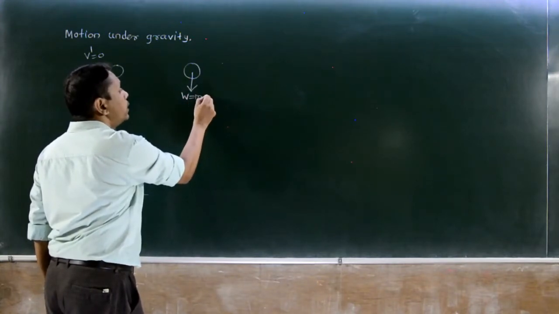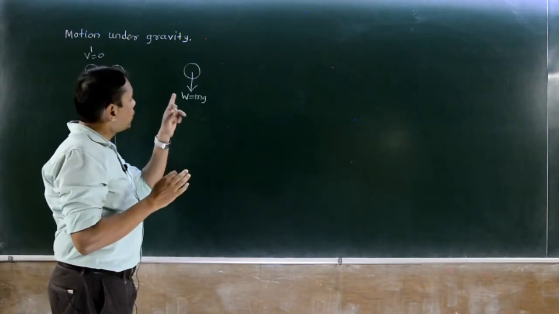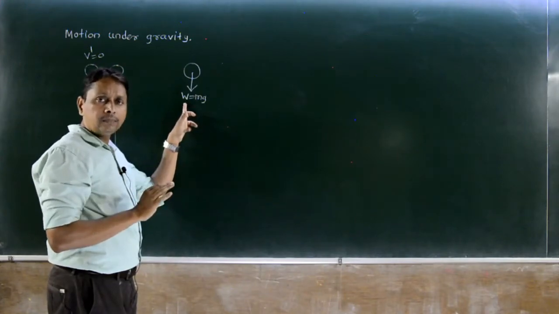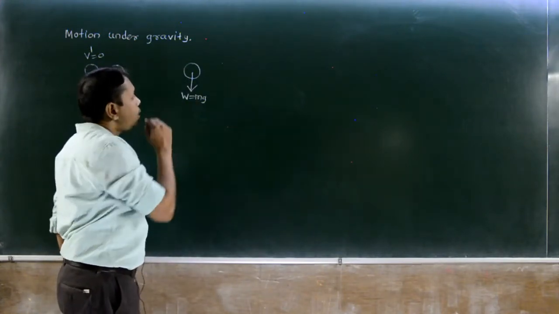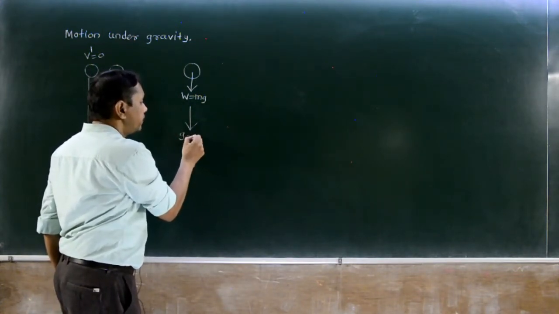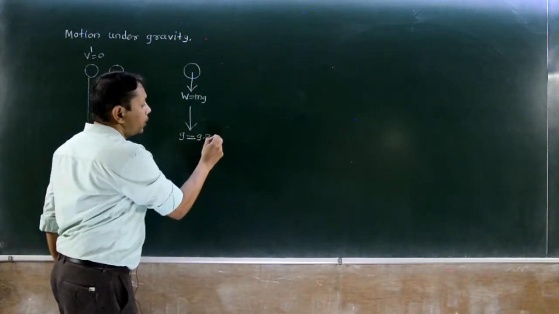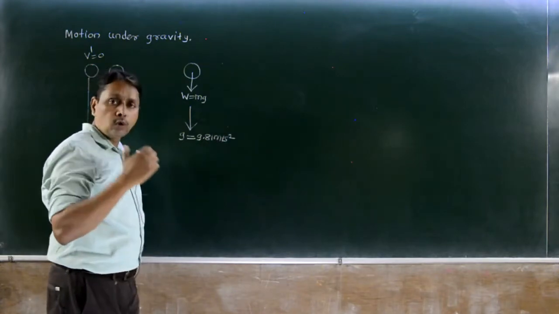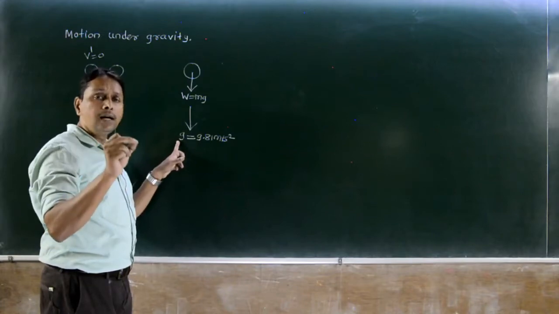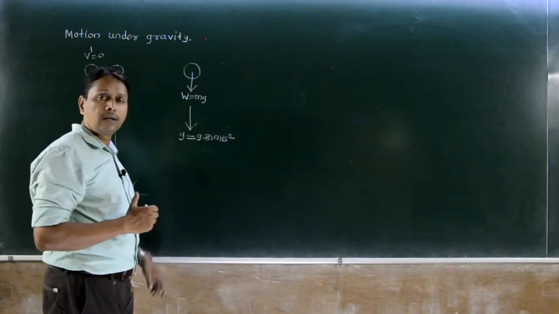When the body goes against gravity means up, and with gravity means down, every time the weight acts vertically downward, due to acceleration due to gravity, whose value is 9.81 meter per second square. When we throw an object in space near Earth's surface, its motion is under this acceleration due to gravity, which always acts towards the center of Earth.